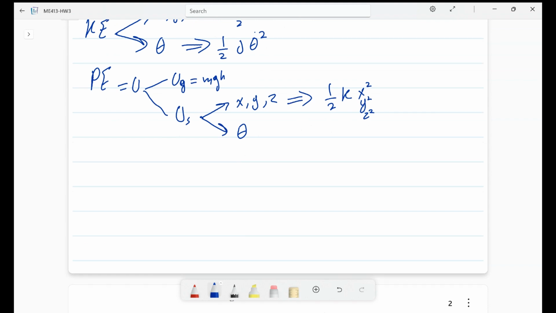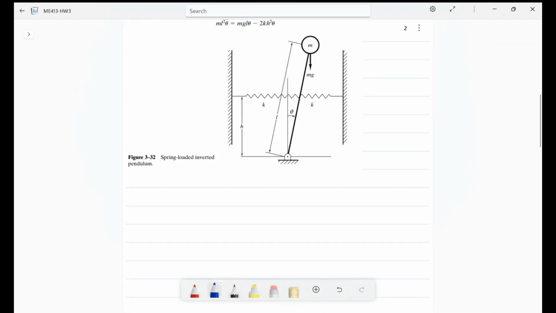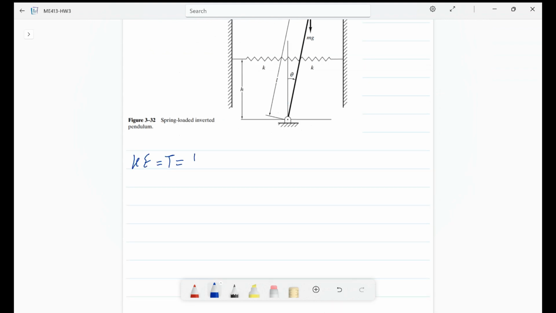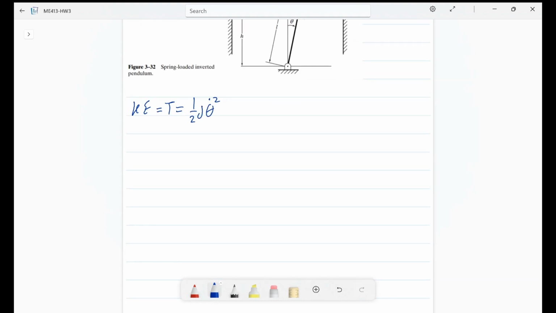And for the torsional, it will be simply half k theta square. Now let's first find our kinetic energy equation, and it will be just for the torsional part, which is half J theta dot square.